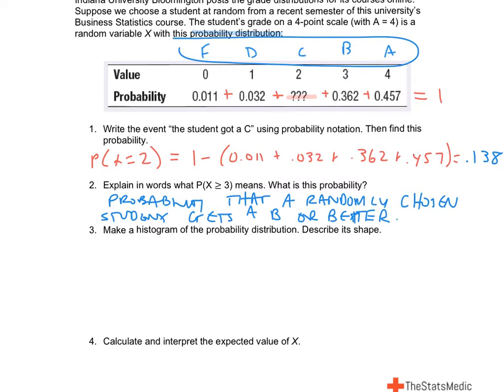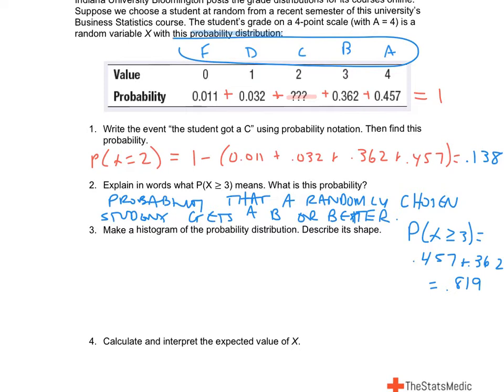The probability of X greater than or equal to 3 would be equal to 0.457 plus 0.362, equal to 0.819. Hey, I'd like to take that class.